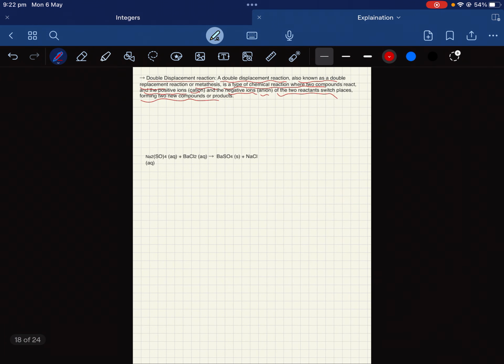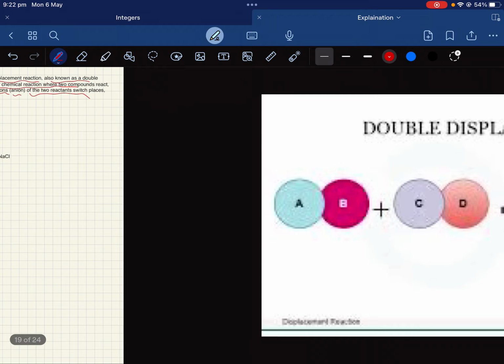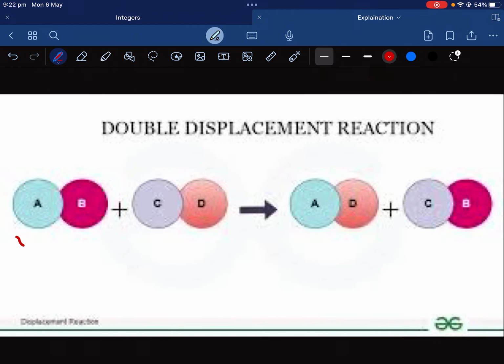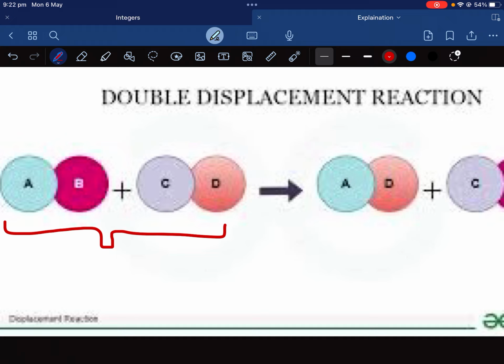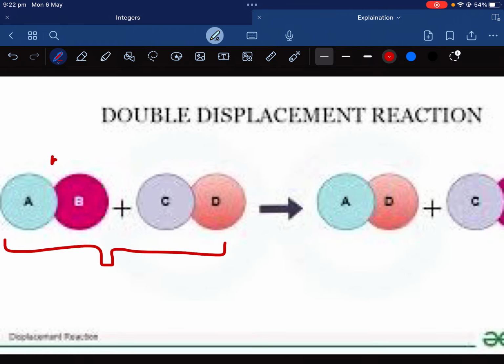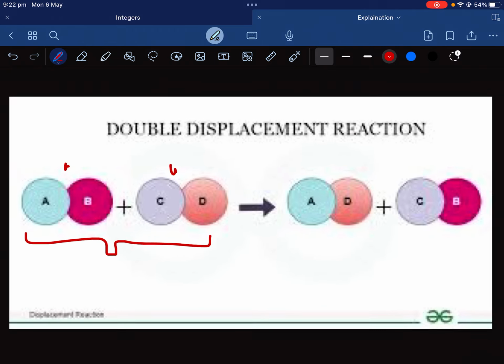We have these two reactants. Okay, we have compound AB and compound CD.